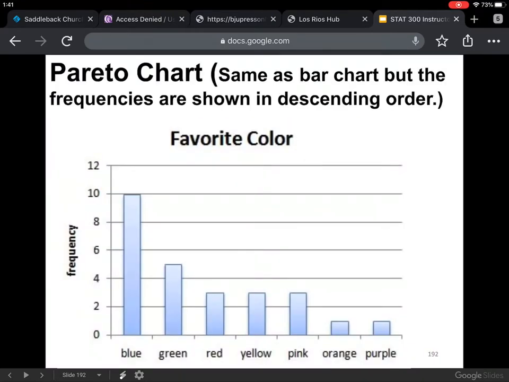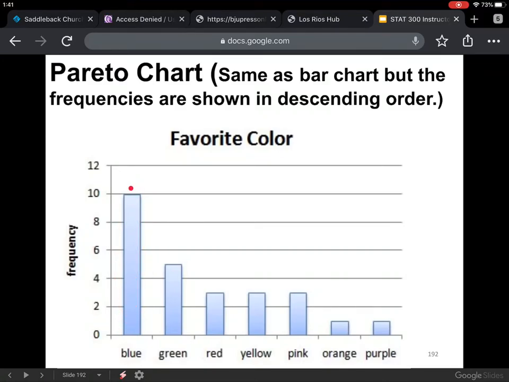A Pareto chart is exactly the same as a bar chart, except the researcher organizes the heights of the bars, the frequencies, from highest to lowest. You usually want to be able to see, okay, what's the highest.